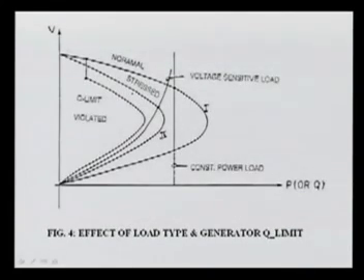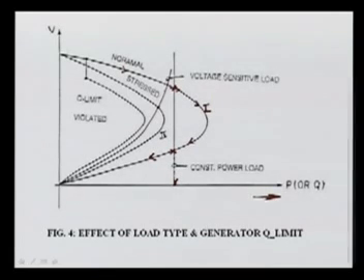Now let us see the effect of the load type and the generator Q limits. Here let us suppose your normal case, which I have represented as the first curve. This is your P and it is your V. For any given load, let us suppose a constant power load, you can see we are getting two intersections.